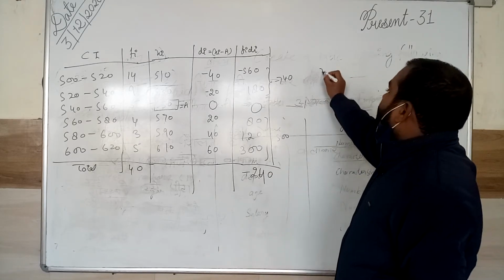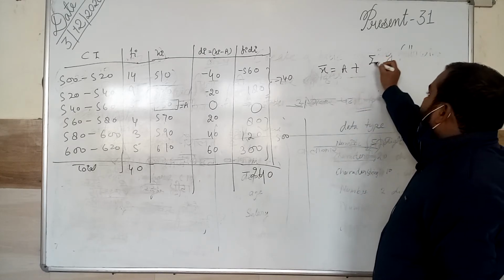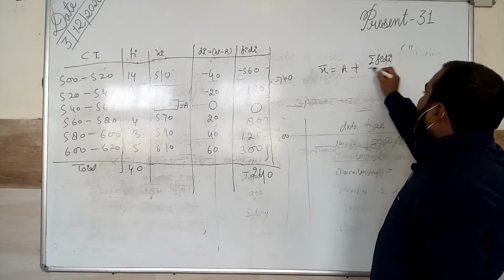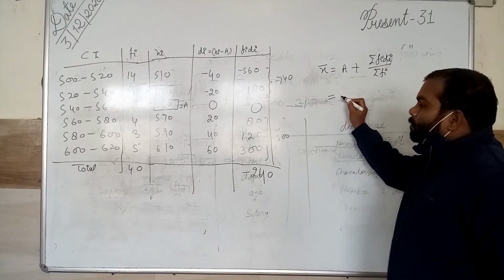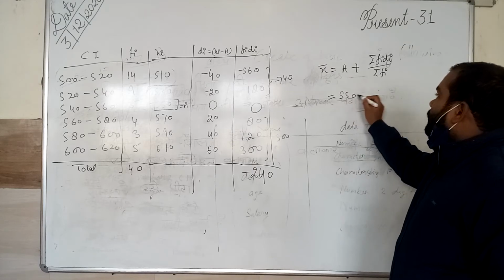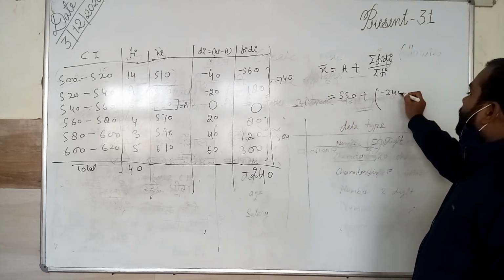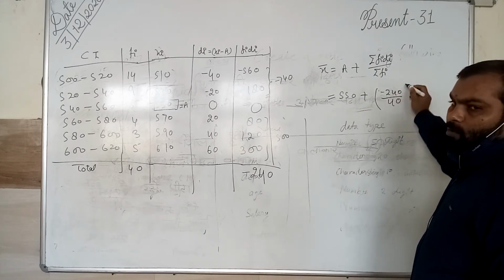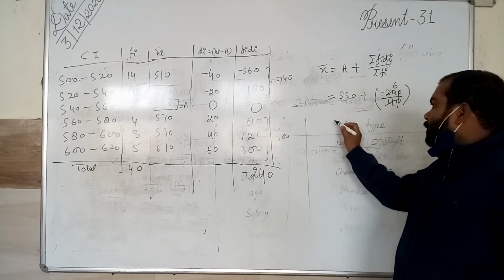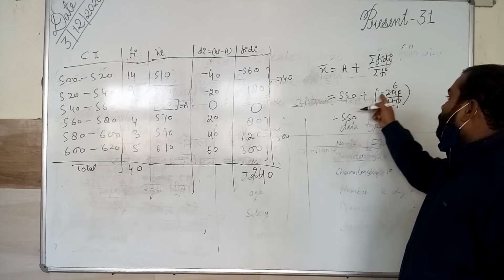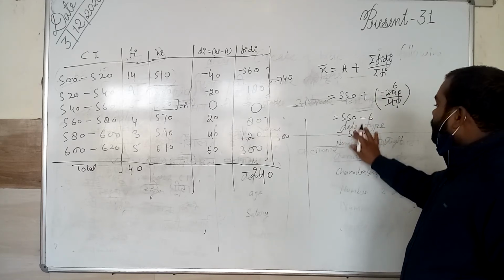Then to find the mean, we use the formula: assumed mean plus sum of fi di upon sum of fi. The assumed mean is 550, plus sum of fi di is minus 240 and sum of fi is 40. So this becomes minus 6. So 550 minus 6, that is 544.